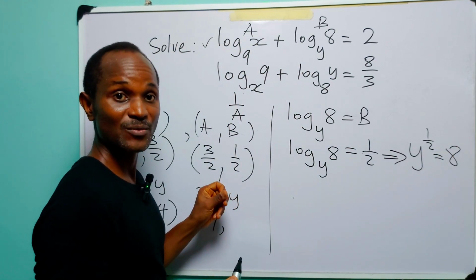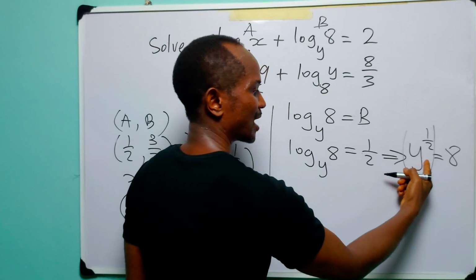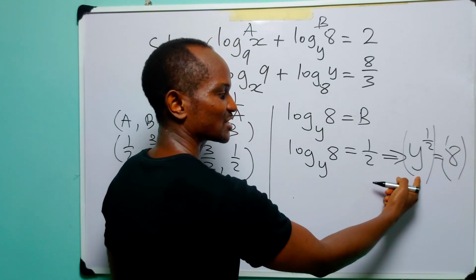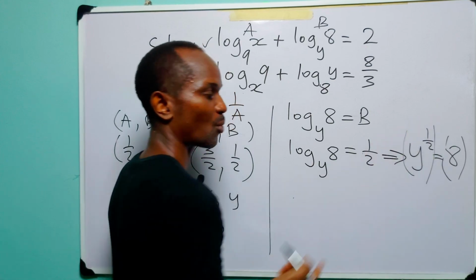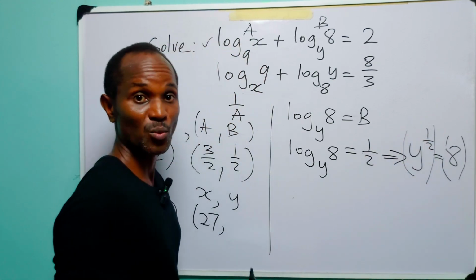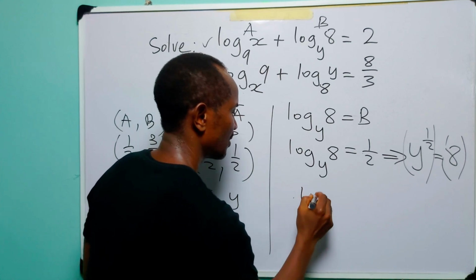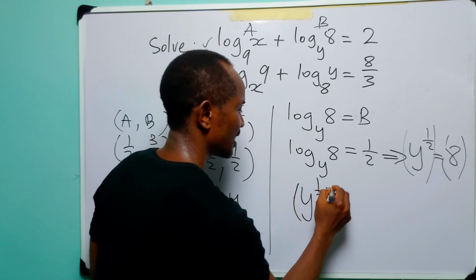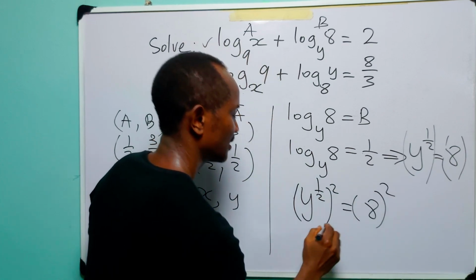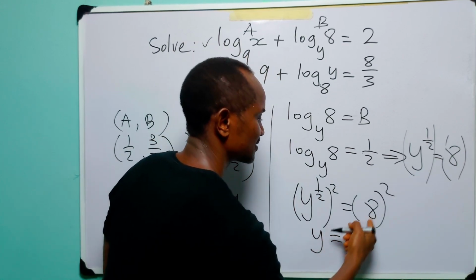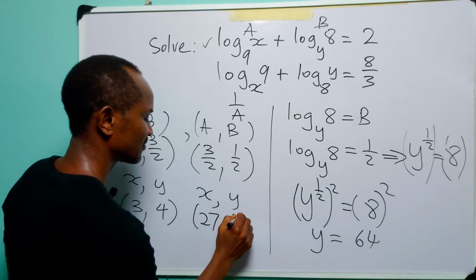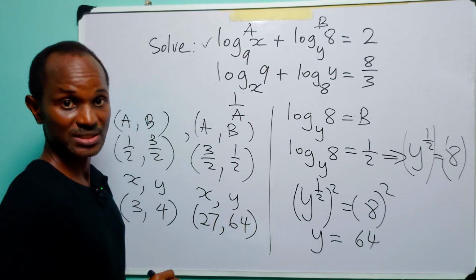Now, we ask ourselves the question again, to what power do we raise both sides of this equation so that the left-hand side becomes y to the power 1? Of course, that is 2, because 2 times half is 1. So we have that y to the power half, squared, is equal to 8 squared. And from here, we have that y is equal to 8 squared, which is 64.